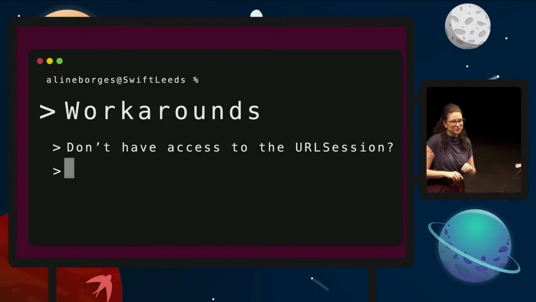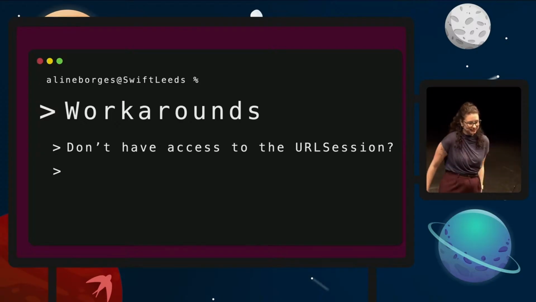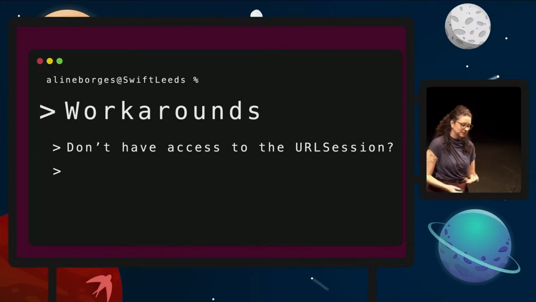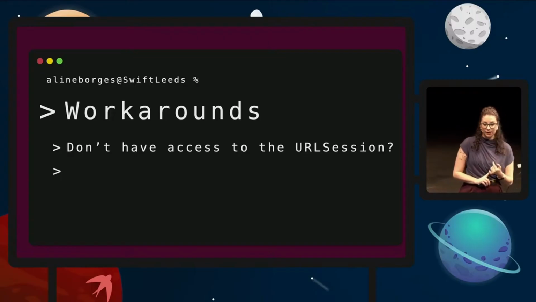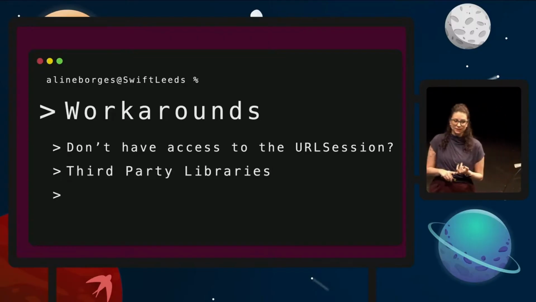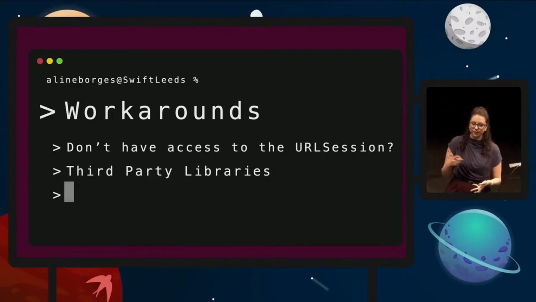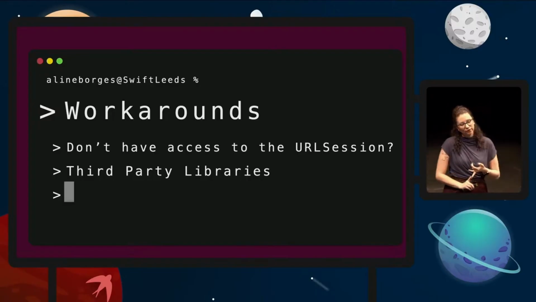Because I can't just override globally the entire thing on the app to put mTLS in all of the requests to the camera. There's no such thing in iOS. For example, in third-party libraries, there are some options here. If it's open source, you can do a pull request, but that might take a while, with back and forth. You can make your own fork, but again, maintaining might be hard.